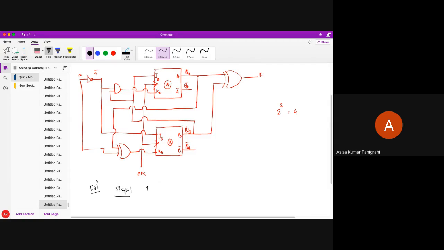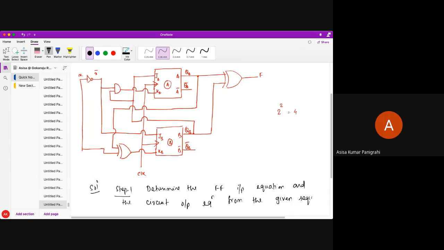Step 1 is to determine the flip-flop input equations and the circuit output equation from the given sequential circuit.